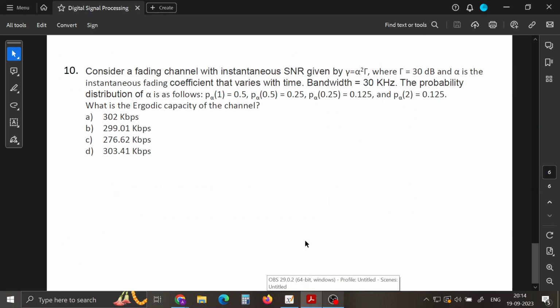Now the last problem for today, give it a read. One of you actually mentioned before today's session how to find the ergodic capacity of the channel.